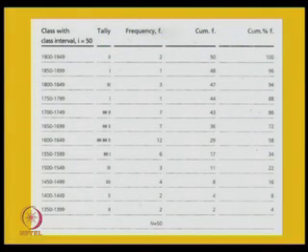Here, this is class interval number 1, class interval 2, 3, 4, 5, 6, 7, 8, 9, 10, 11, 12. So, there are total 12 class intervals. Within these class intervals, how many scores do we have? How many tallies?